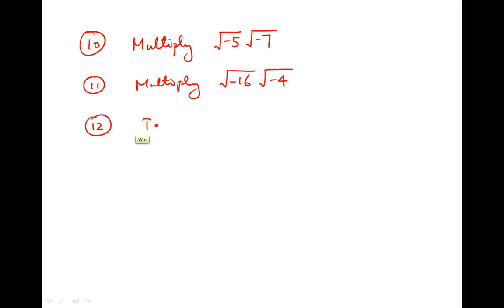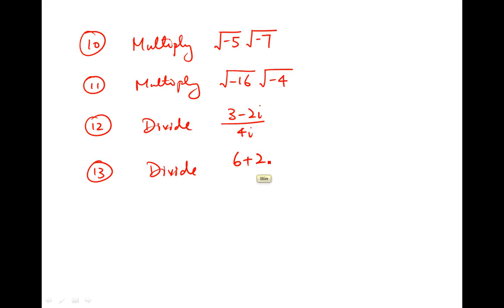And number 12, divide 3 minus 2i over 4i. Number 13, divide 6 plus 2i over 4 minus 3i. All right, let's try this out.